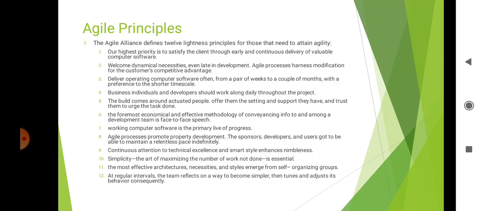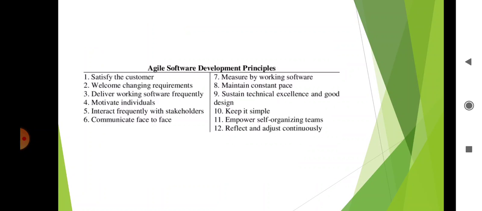These are the principles in brief, and we will see them in a very short form.